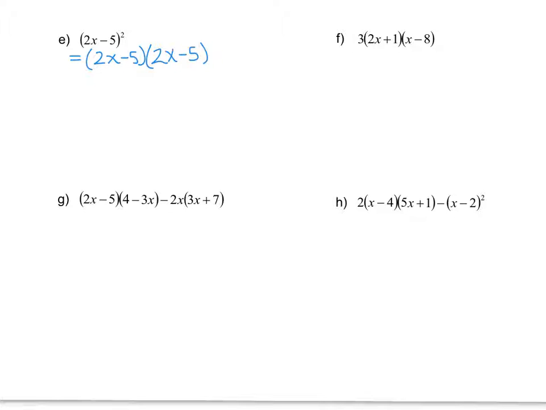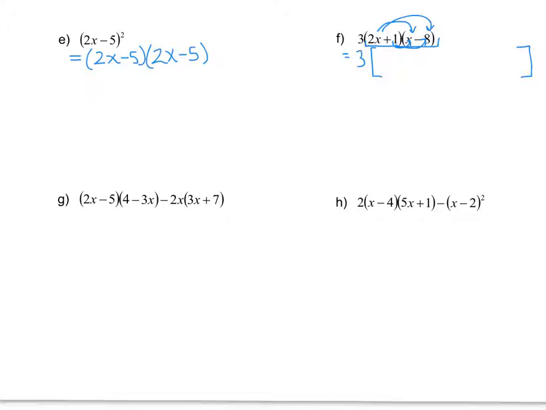Before you try part F, what I'm going to strongly recommend that you do for part F is pretend the 3 is not there. You're just going to copy the 3 down and then do your multiplication as you would. You're going to take that 2x and multiply through the bracket, take the plus 1, multiply through that bracket, and put that answer in a big set of brackets.